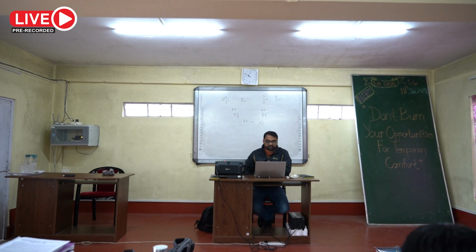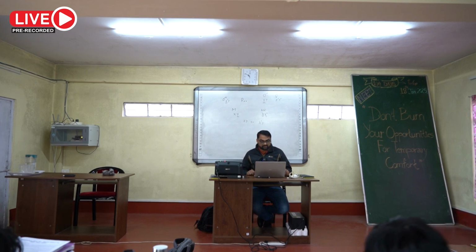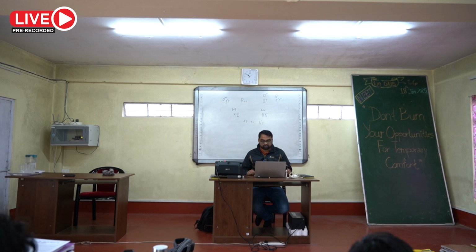What is given? Total individuals. Always write down the Hardy-Weinberg equation. What is the total number of individuals? 1,000. What else is given?